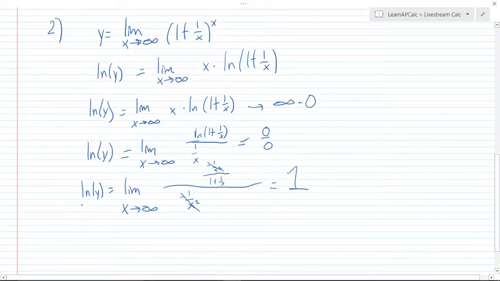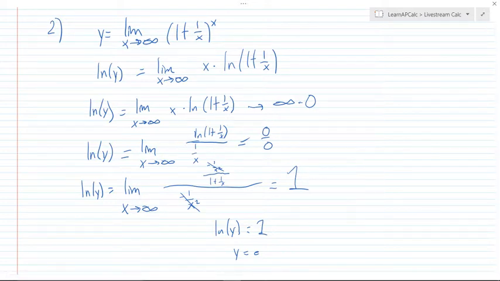Well, it turns out that this ln of y is important, because 1 is equal to the ln of y, not y. So ln y equals 1. If I solve for y, remember this is just log base e, so y equals e. And that answers your question as far as the limit definition of e goes.